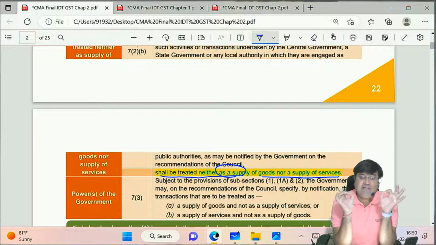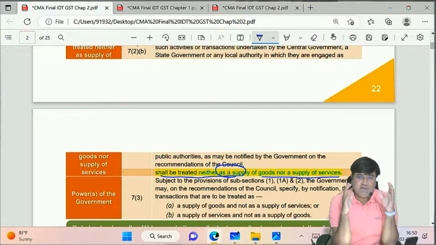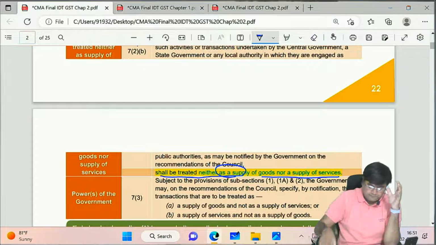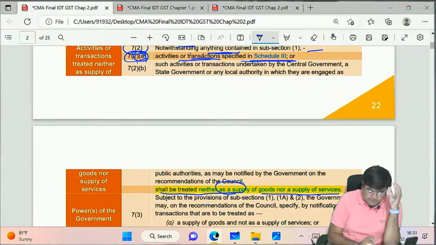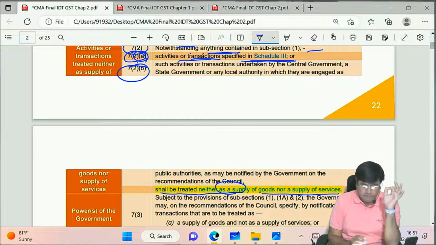We are going to discuss schedule 3 in detail later on. Then section 7 subsection 2 clause B, basically this clause empowers the government.